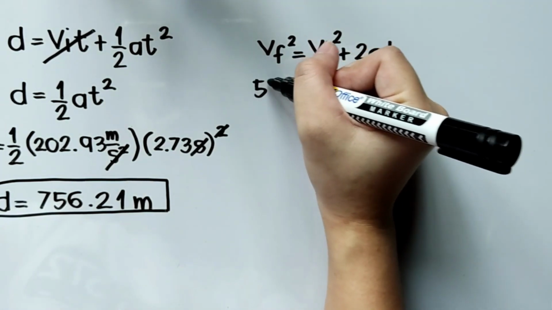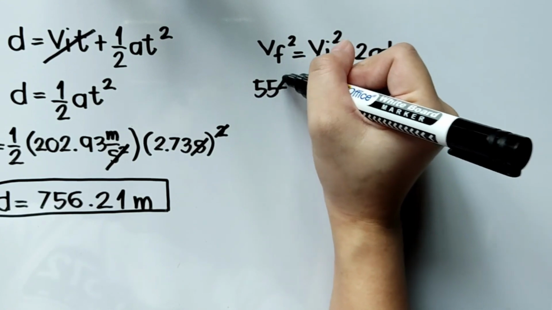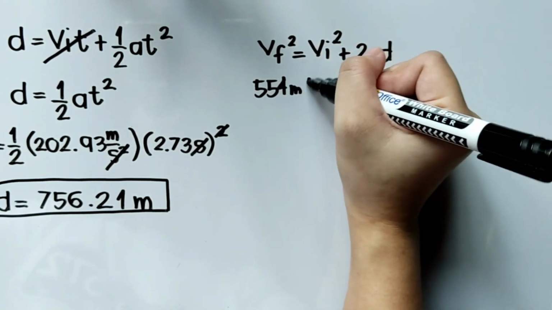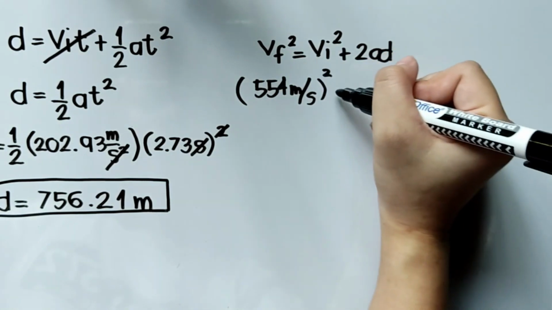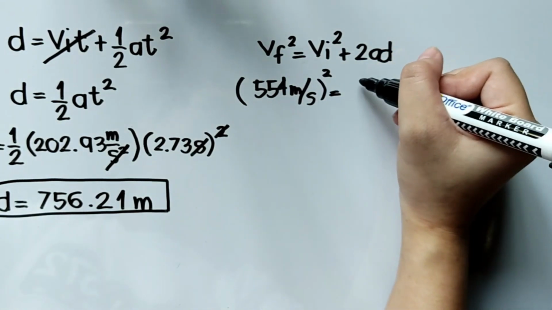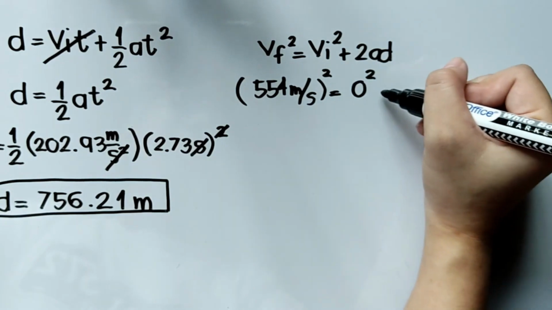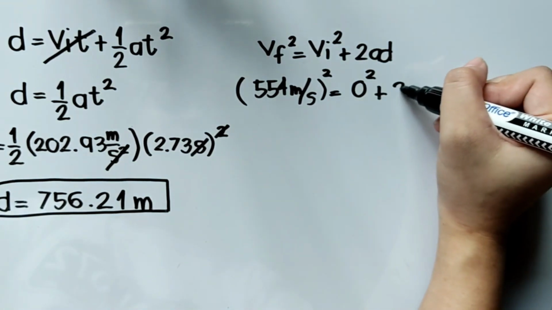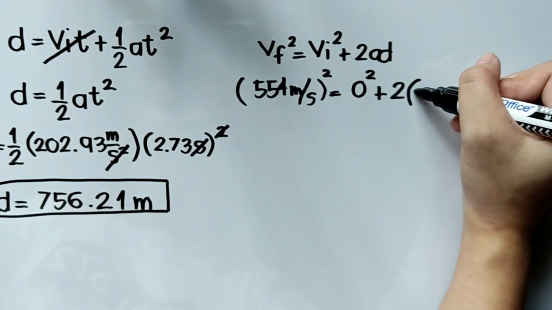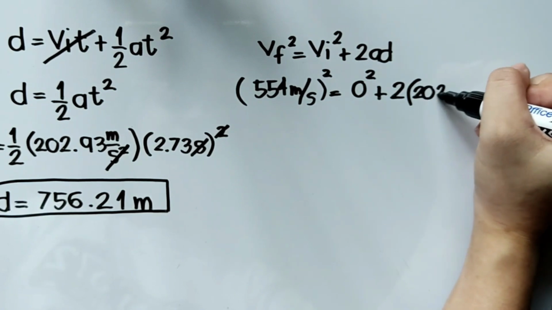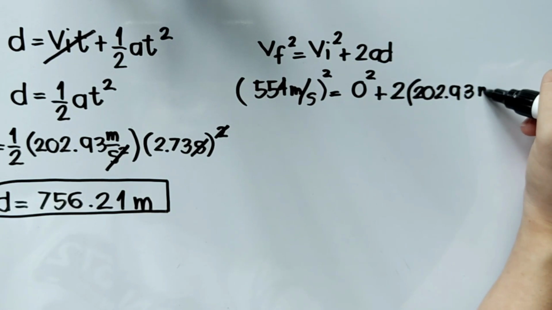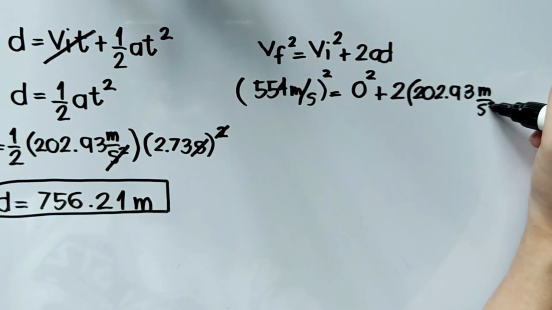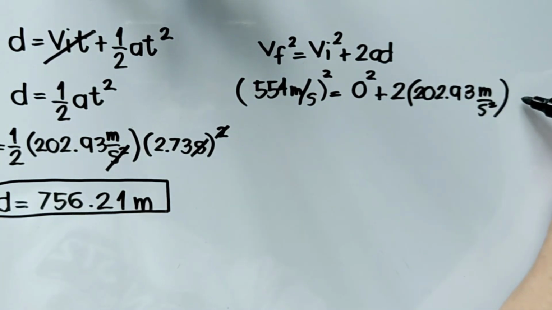Substituting, 554 meters per second squared equals 0 squared plus 2 multiplied by the acceleration, 202.93 meters per second squared, multiplied by d.